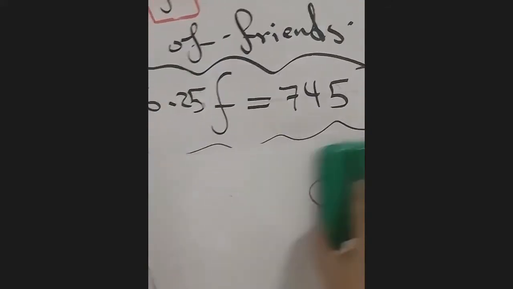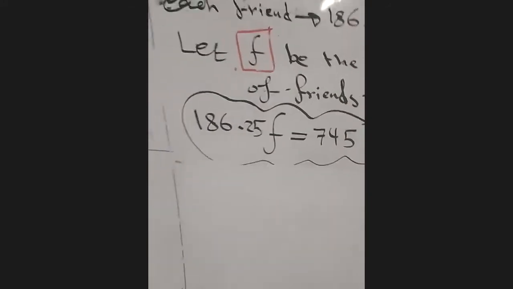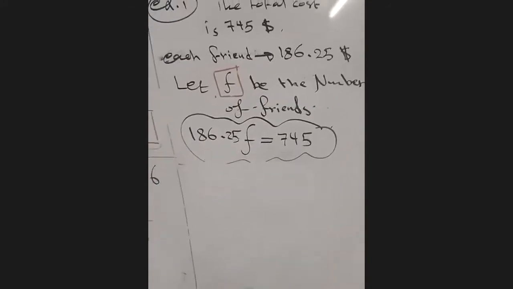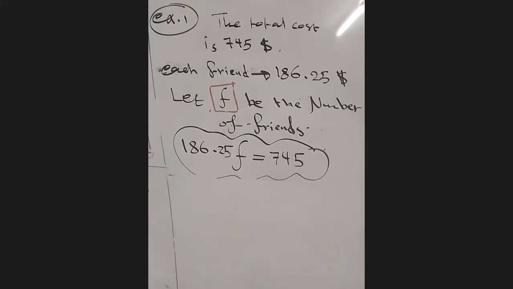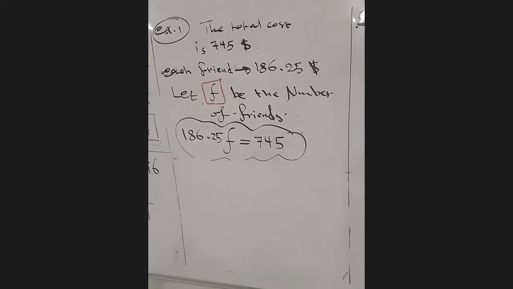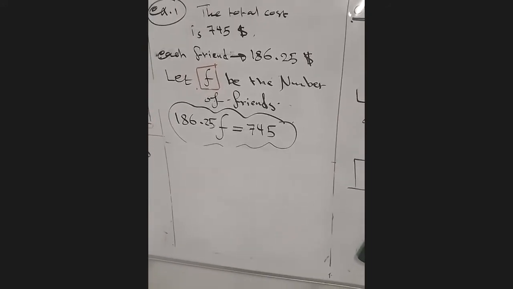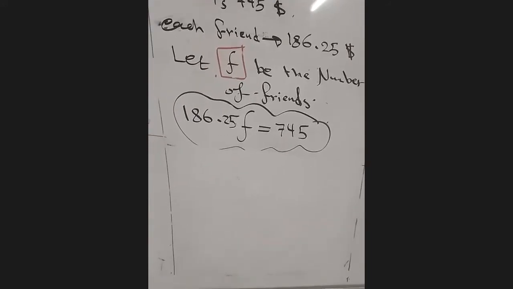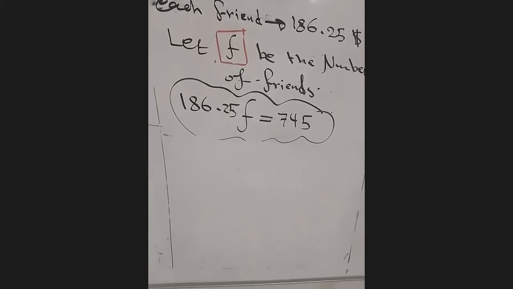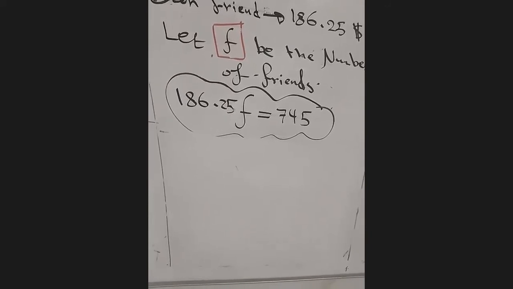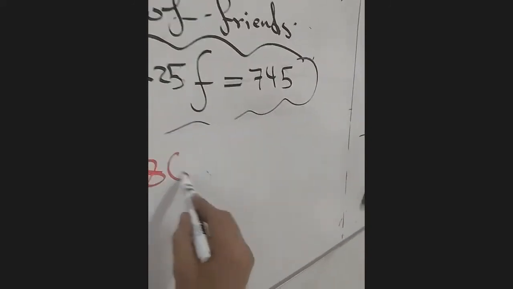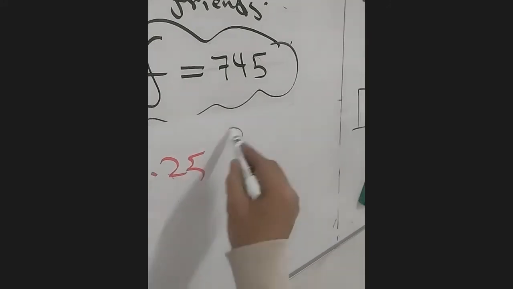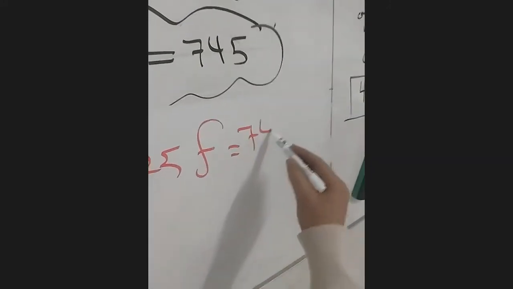Yes. Now, what will we do to solve this equation? Multiply. Just solve the equation. How do we solve the equation? We make steps that rewrite the equation. Yalla, let's rewrite the equation: 186.25 F equals 745.